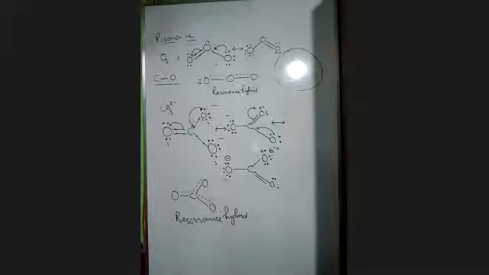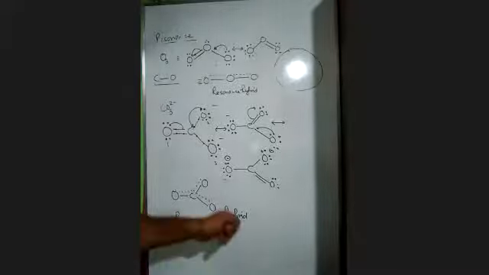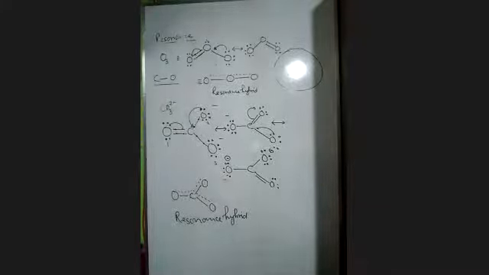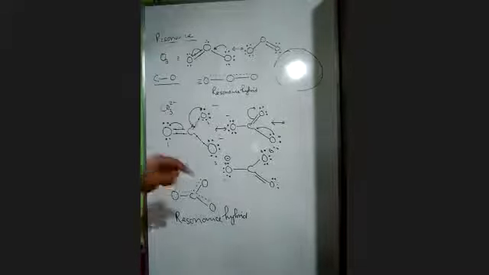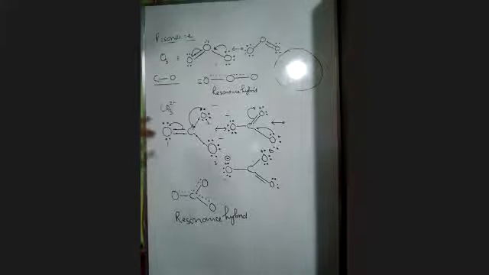But that does not fit here, because the actual bond length of the carbon-oxygen bond, compared to what we got from other molecules, is smaller than that. And the carbon-oxygen double bond length is more than that. So it is only possible if we take the help of this structure.